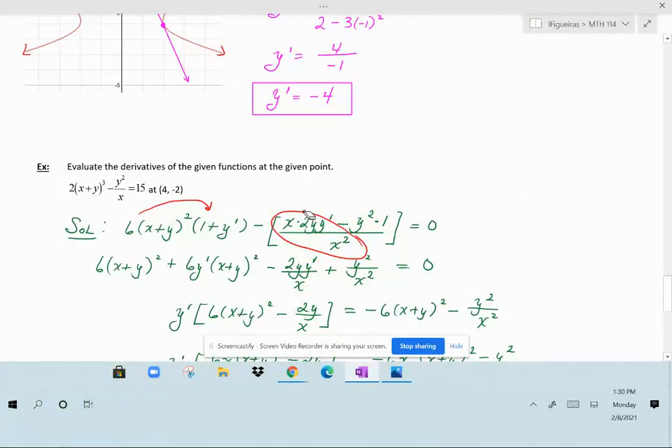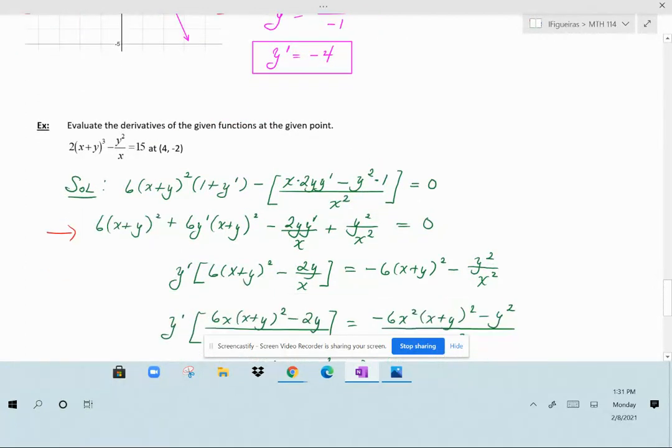So I get 6 times x plus y to the second plus 6y prime times x plus y to the second minus 2y prime over x, because this x canceled with one of these, and then plus, and then here nothing canceled, so you just get plus y squared over x squared equals the derivative of 15 is 0.